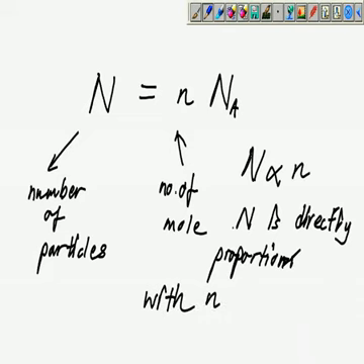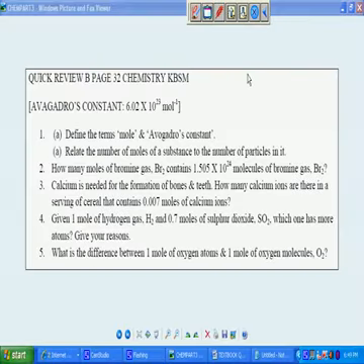The next one, 2. How many moles of bromine gas Br2 contains 1.505 times 10 power of 24 molecules of bromine gas? So they are asking how many moles, how many small n, it is like how many chemistry dozen, and they also gave you the actual number of molecules of bromine gas, 1.505 times 10 power 24. That one is big N. Right?